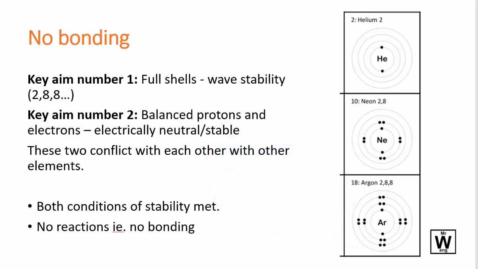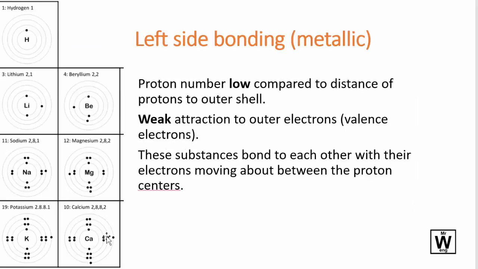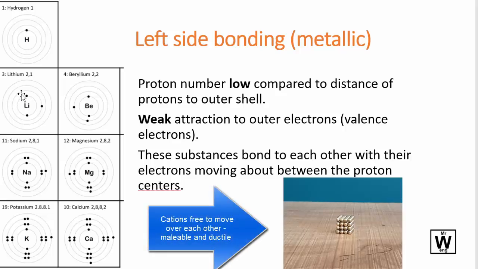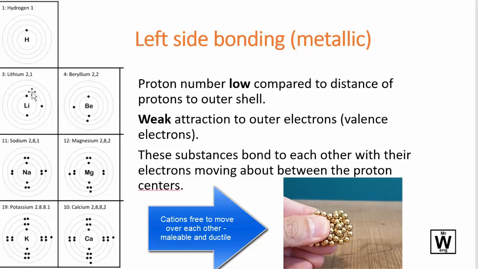Okay. And so moving on to the first one, I think it's most logical to do metallic. If you go to the left-hand side of the periodic table, there is a very small number of protons relative to the valence shell compared to the right-hand side. Because it's not very positive, they are not going to have a very strong attraction to electrons from the outside.